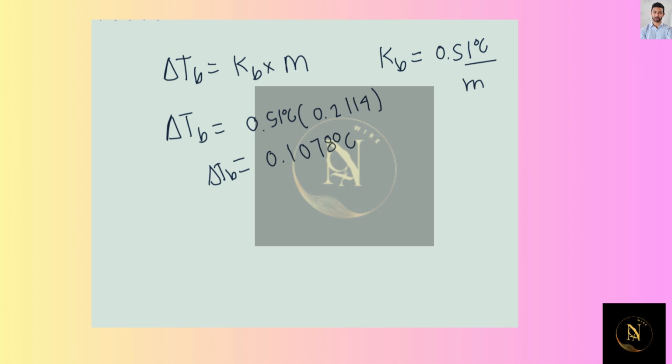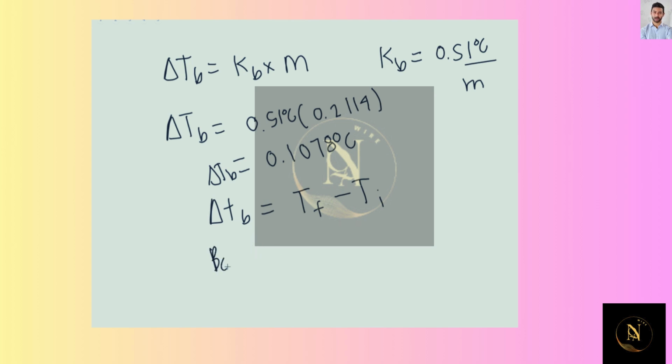So now, since we know our boiling point elevation, and we know that we are mostly in water, we're going to take water and find our final boiling temperature. So delta TB is equal to your T final minus your T initial, and we're trying to find the boiling point.